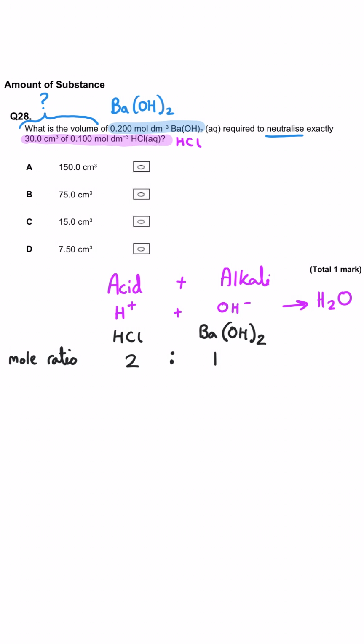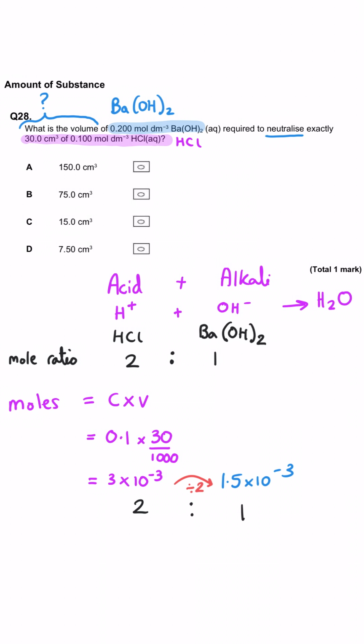And then we know the concentration and we know the volume of HCl, so we can work out the moles by doing moles is concentration times volume in dm cubed, and that gets us 3 times 10 to the minus 3 moles. We now know from the ratio that the moles of barium hydroxide will be half as much, 1.5 times 10 to the minus 3, and so we can work out volume by doing moles divided by concentration is equal to volume.